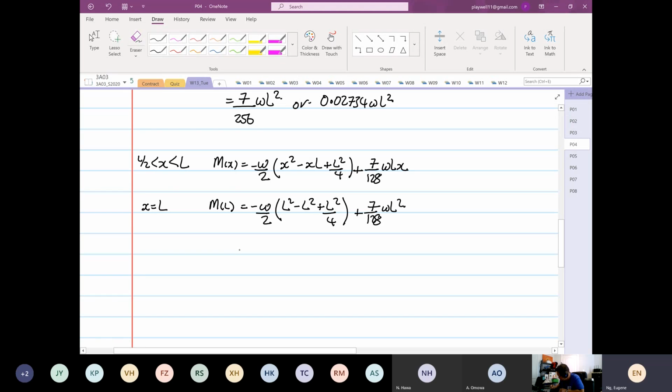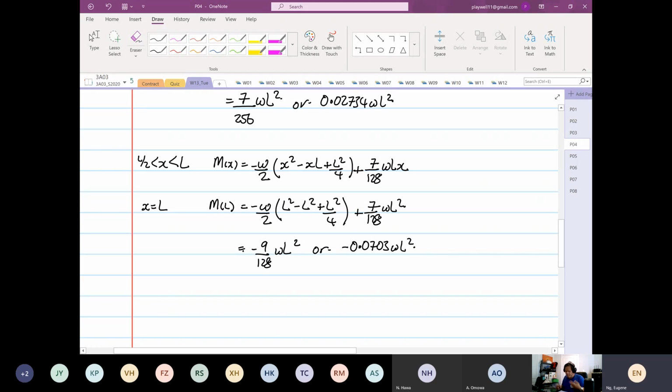So this will be equal to minus 1 over 8 plus 7 over 128, so it's equal to minus 9 over 128 omega L squared. So 9 divided by 128 is minus 0.0703 omega L squared.